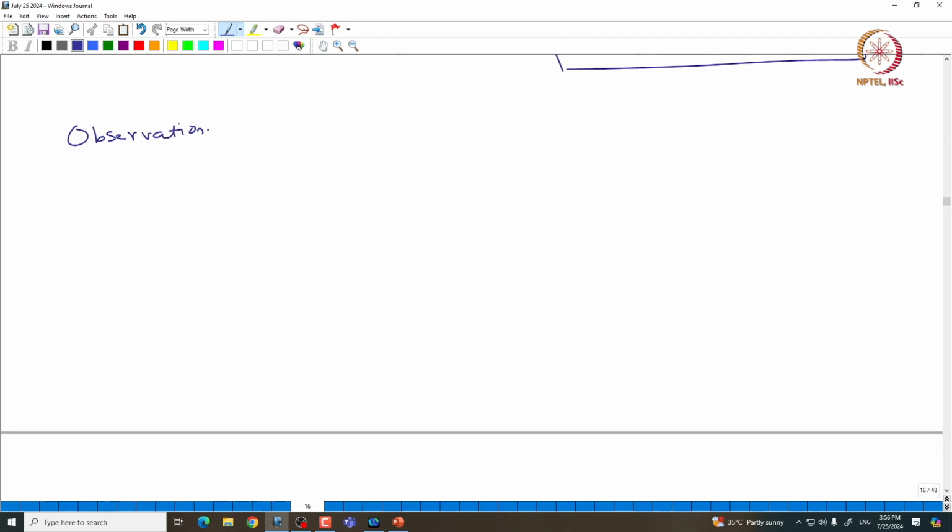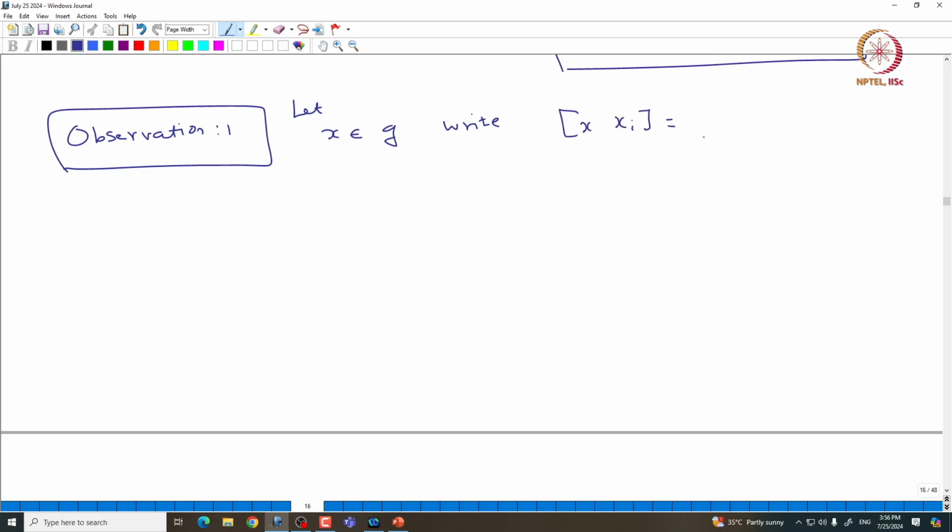There are two observations you need. Observation 1 is that if you write some element x in G and then write it in terms of the basis, write the bracket [x, x_i] to be the summation a_ij x_j, and then write again [x, y_i] to be the summation b_ij y_j.